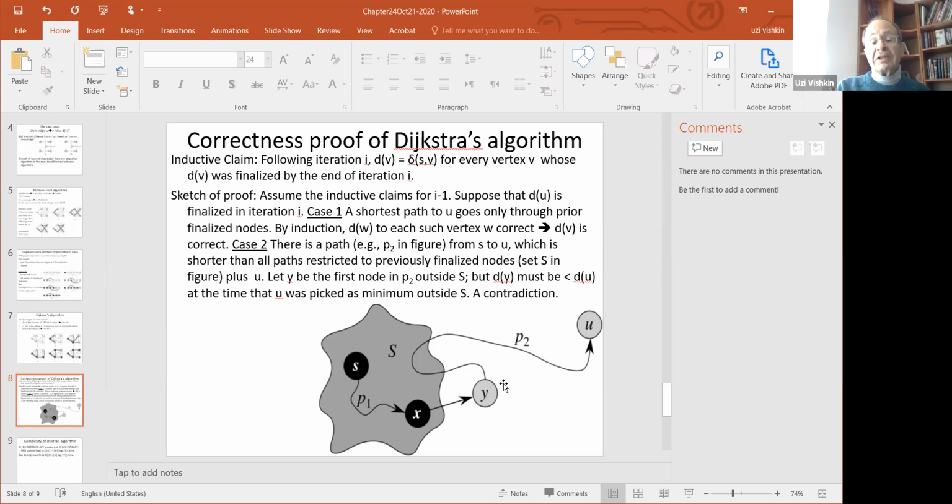Observe that here I relied strongly on the non-negativity of the weights of the edges. So that's really the end of the proof.